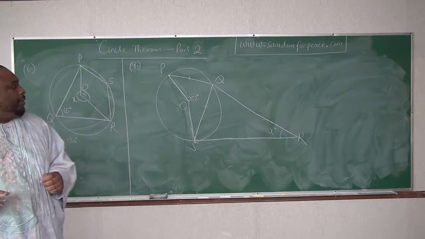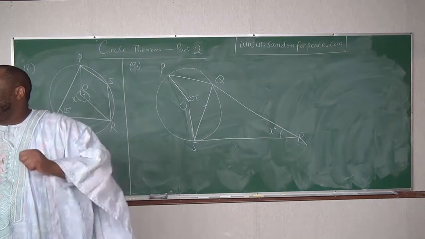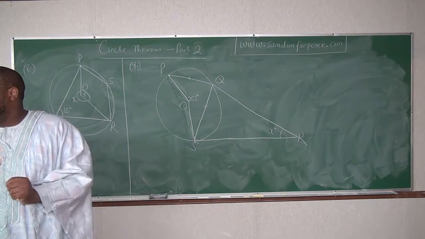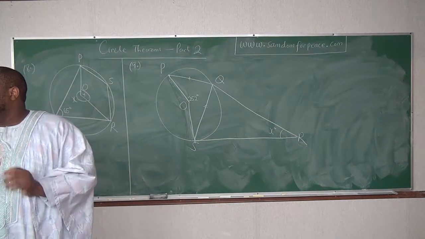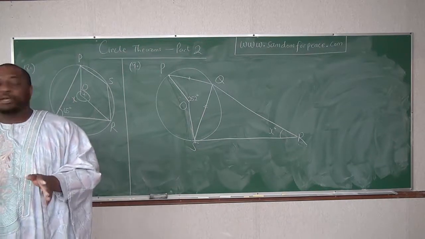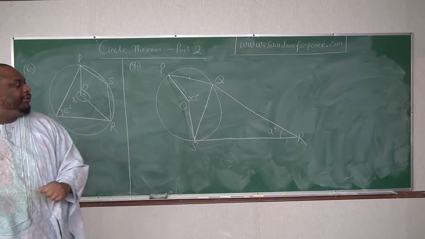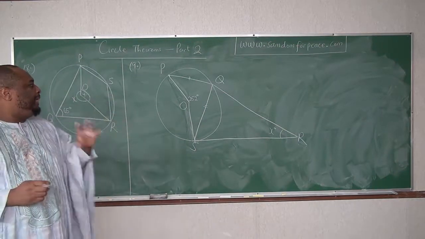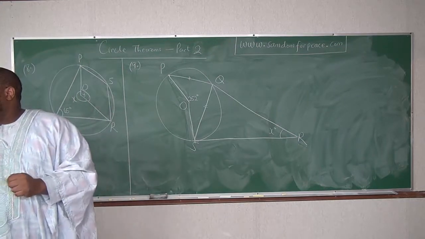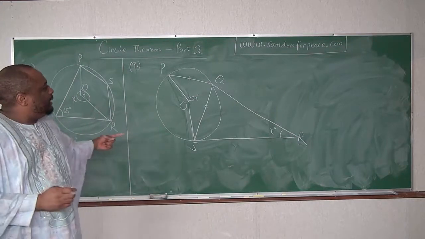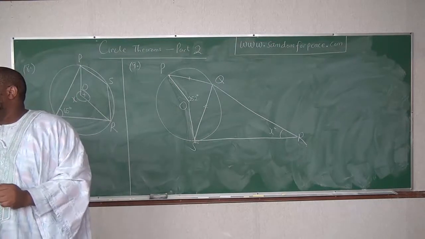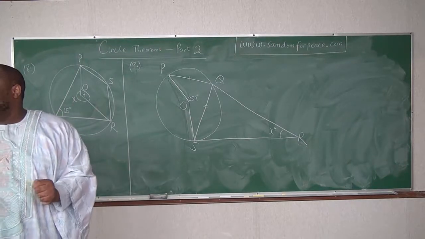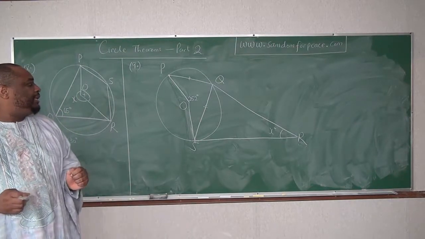Okay, so it says here in the diagram, O is the center of the circle PQS. SR is a tangent. Reflex POS is 252 degrees.